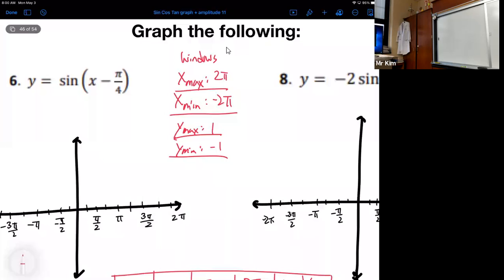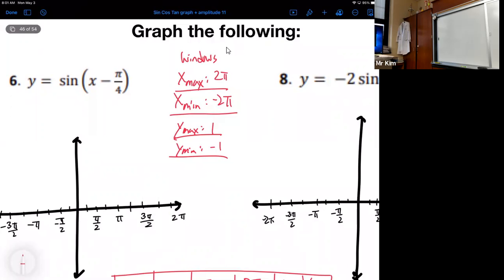Well, that means that you flip it over. So that pi over 4 means you move it to the right, right?